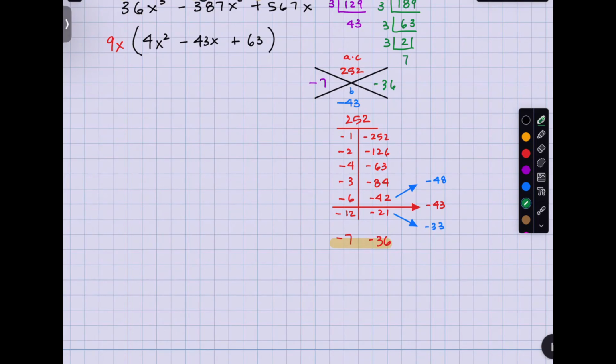That's not what you do. Go back in your notes, look at what step 2 is and how I did step 2. What's the GCF?